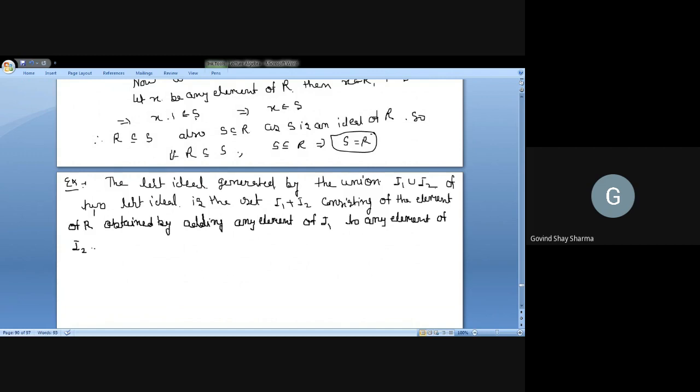The statement is somewhat complicated, but we try to understand it. I1 and I2 are two ideals of a ring, and the elements obtained in the ideal generated by I1 union I2 are of the form I1 plus I2. This type of ideal exists. Now we have to show that I1 plus I2 is generated by I1 union I2.